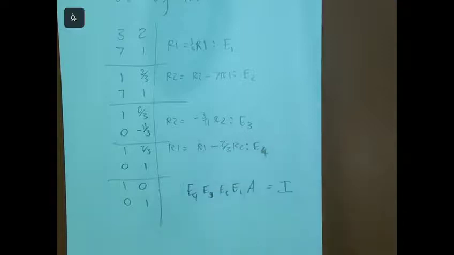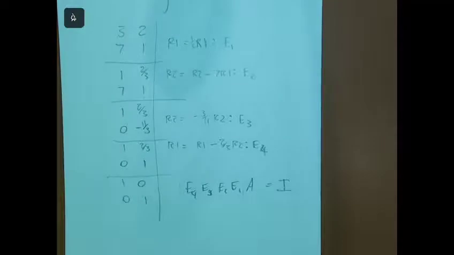However, that's not what I want. I want A as a product of elementary matrices. Well, I've got a good plan. What I really want is the elementary matrices that go this way.